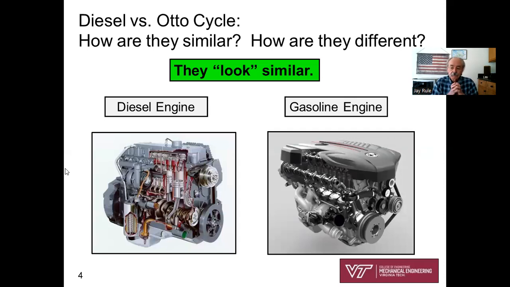Well, here's a couple of screenshots of automotive engines. One is a diesel engine that you see in some cars, and lots of the larger trucks are, of course, diesel engine powered. And then here's a gasoline engine, and we're going to model that with the Otto cycle.